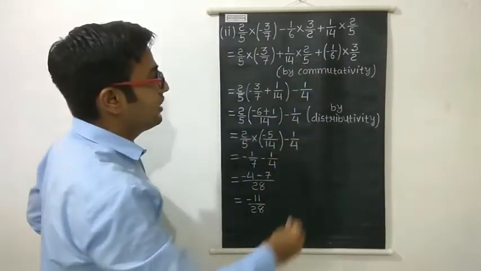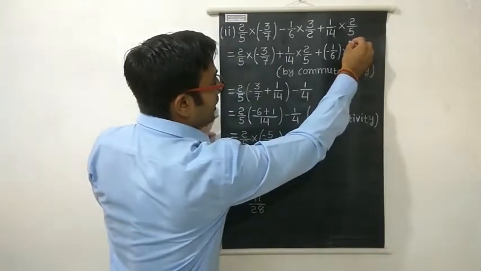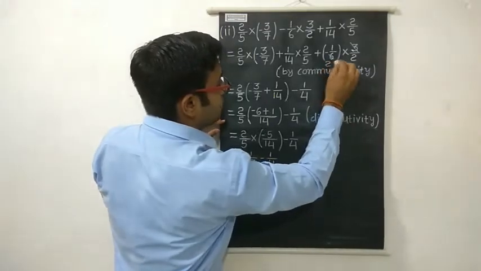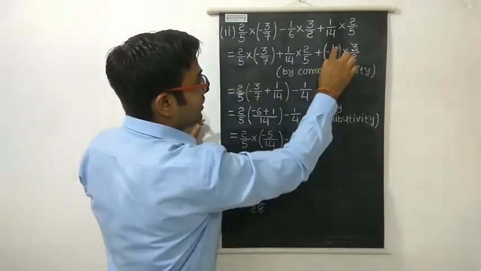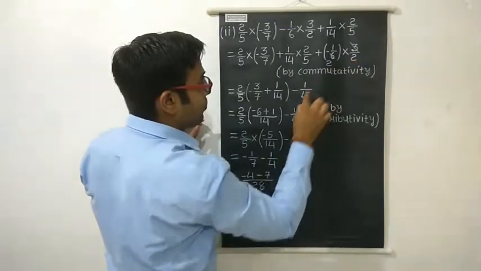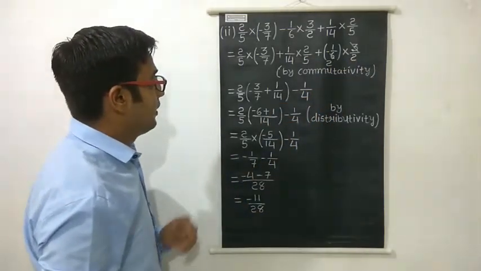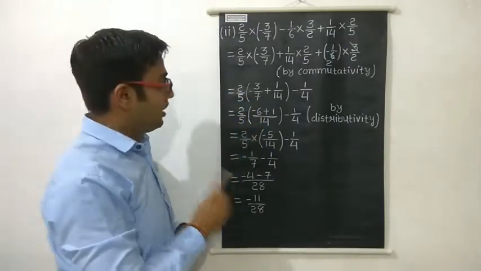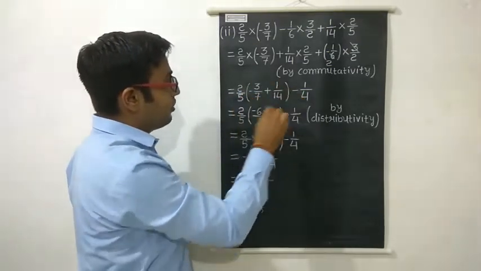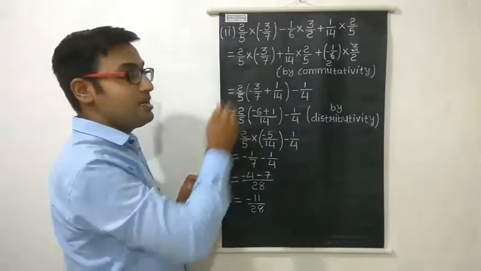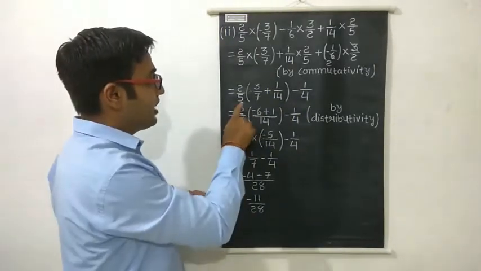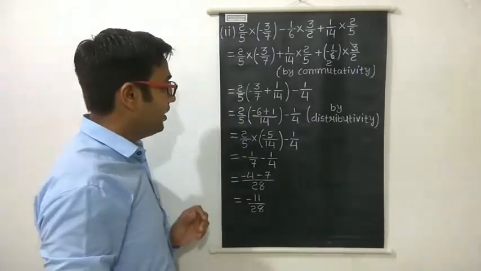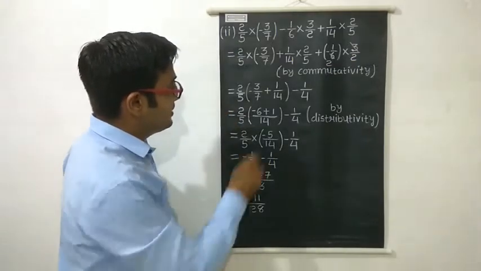Now see here, we can cancel out, 3 2s are 6, right? So in the numerator there is a minus 1 and the denominator is 2 multiplied by 2, that is 4. Now you may wonder where the multiplication sign is. Because there is a bracket, we do not need a multiplication sign. If there is a bracket and no sign, that means there is a multiplication. So this 2 upon 5 is as it is.